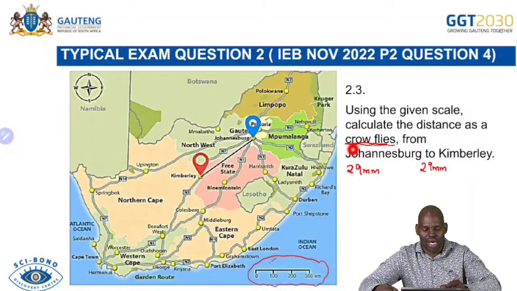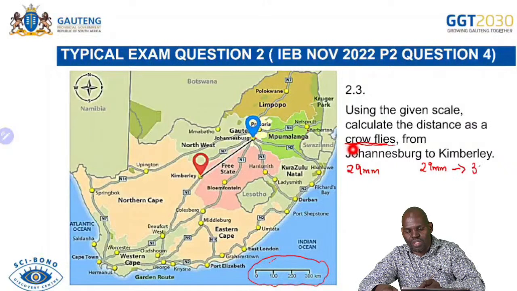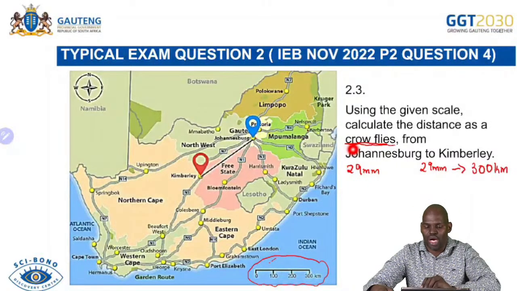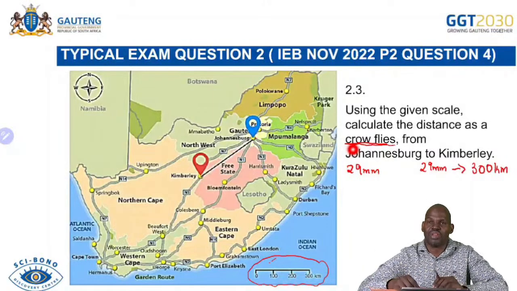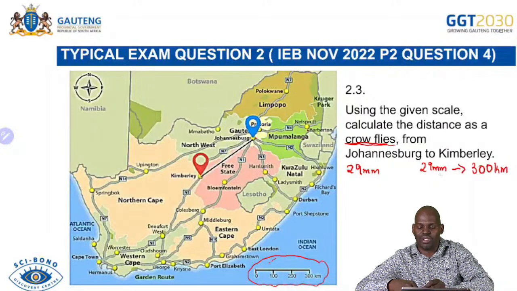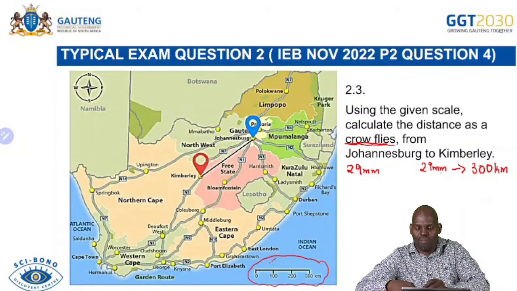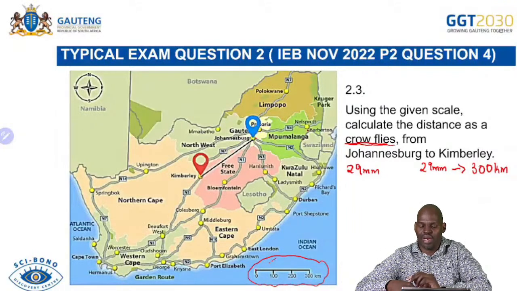That is the bar scale. 29 millimeters on the bar scale is the same as 300 kilometers. When I measure the length of the bar scale from one point to the other, I'm getting 29 millimeters. But on the bar scale, they have indicated that this is 300 kilometers. So I get 29 millimeters is the same as 300 kilometers in reality.